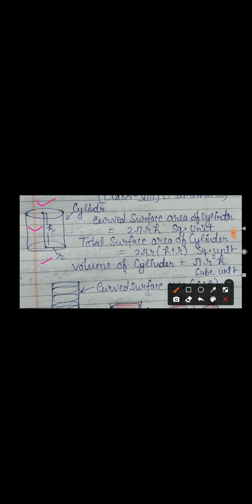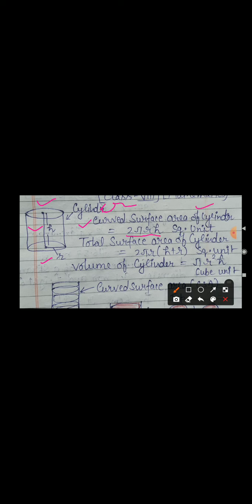Then how to find the curved surface area, total surface area and the volume of that cylinder, I have to give you some formulas that are highly important here. The curved surface area of a cylinder is 2 pi r h.